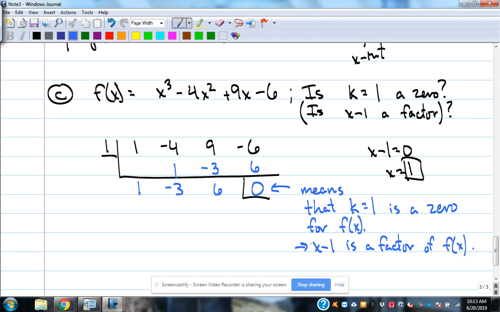And it also tells us that x minus 1 is a factor of f of x. Where we're headed with this is actually taking that polynomial and factoring it. So if x minus 1 is a factor, then what's left here, x squared minus 3x plus 6, is the other part of this polynomial.